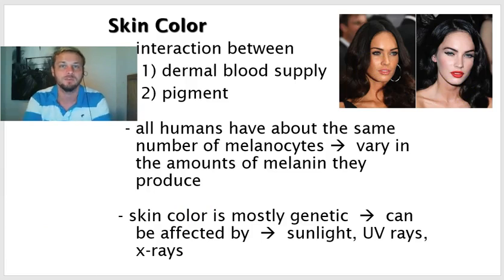Spray on tans also can change your skin color, if not the pigment concentration. As you come into contact with UV rays, those actually stimulate melanocytes to make more melanin so they can protect those other keratinocytes.